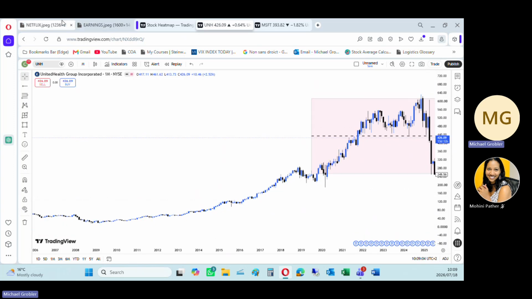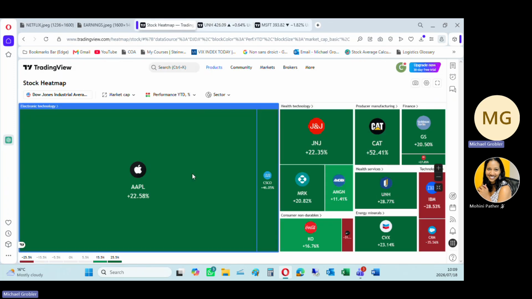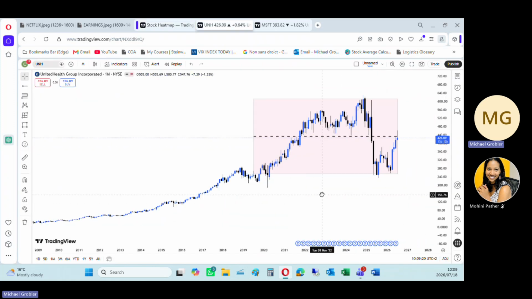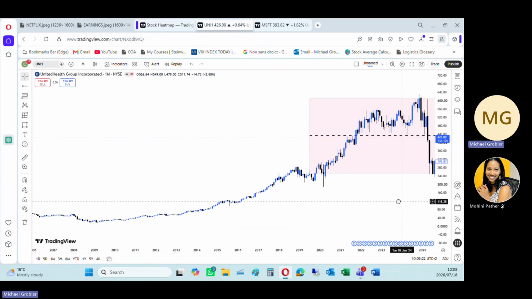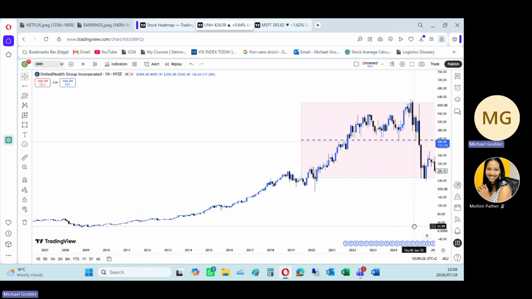And also, if we go back to our heat map, it is the only health company that's big enough to qualify. So it's far larger than any other healthcare provider in America. Now, just think about how epic that means this company is. So it had its little wipeout.